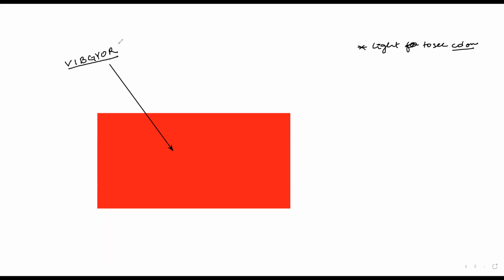It is composed of all the colors. There is some property of the material which absorbs all the colors except red. It is absorbing all the colors, and it is reflecting back the red color.